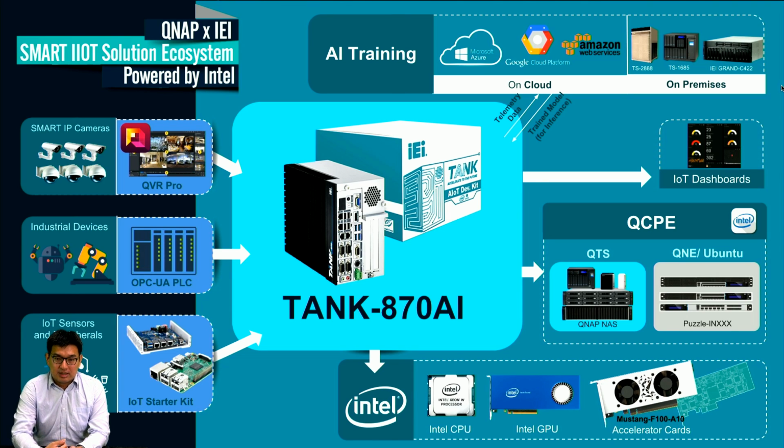So this slide is a summary to introduce you to the IEI Tank. We work with QNAP and Intel to create a smart IIoT solution ecosystem. So you can see that the IEI Tank can connect with IoT devices and industrial devices, and also some IP cameras, and then you can use our software to connect with the public cloud and the QNAP NAS.